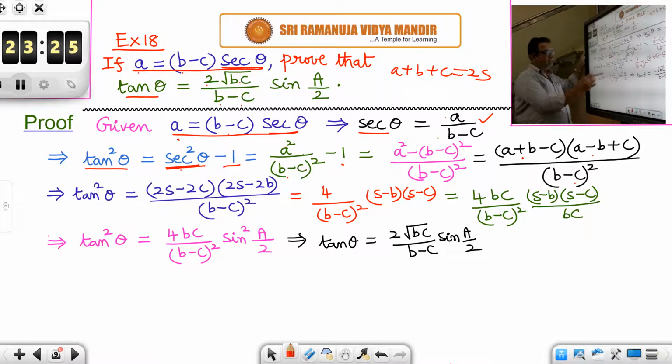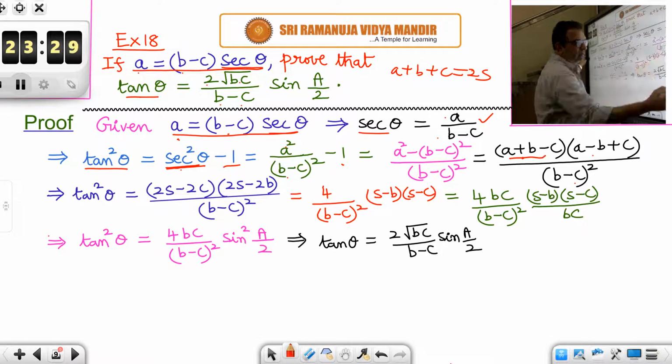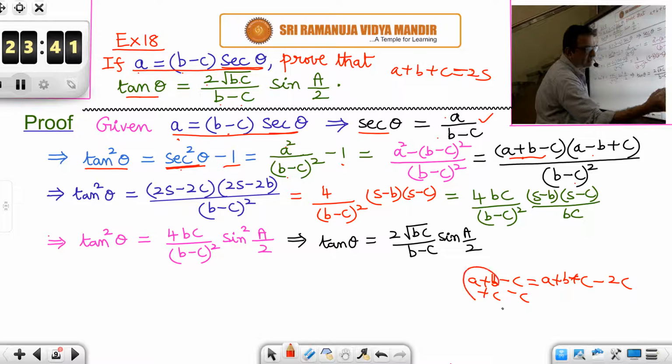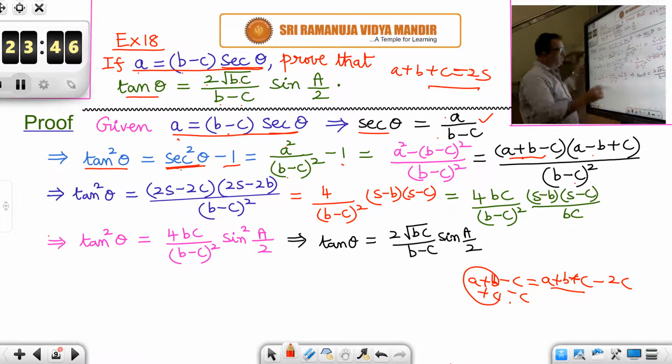So here this is 2s minus 2c. How? Because a plus b minus c can be written as a plus b plus c minus 2c. I'll add here c and again subtract another c. So it becomes a plus b plus c minus 2c. But a plus b plus c is 2s. So 2s minus 2c. This bracket.